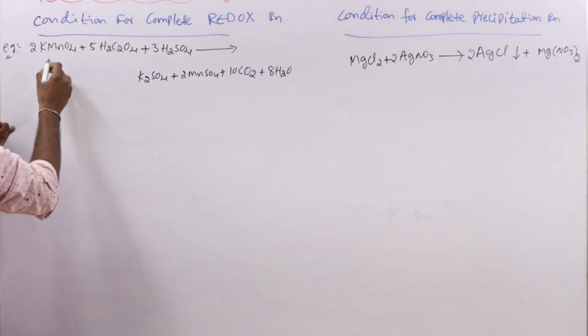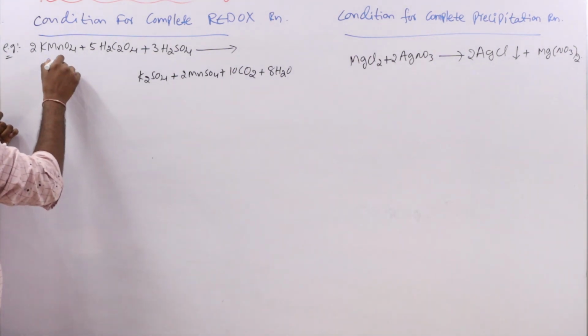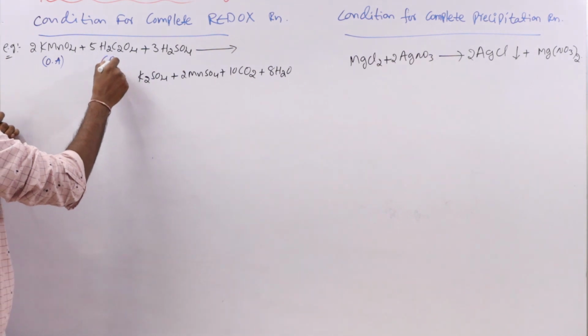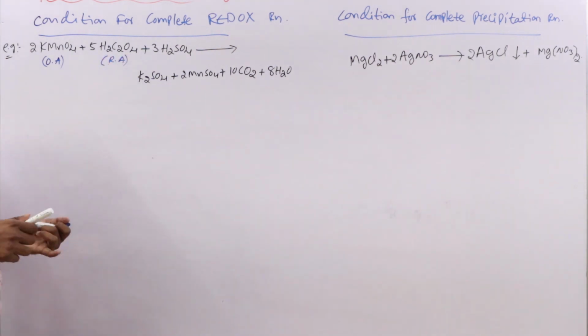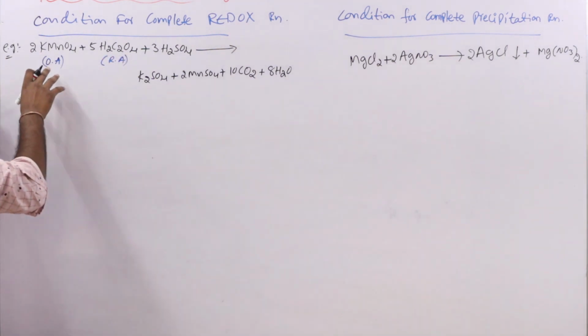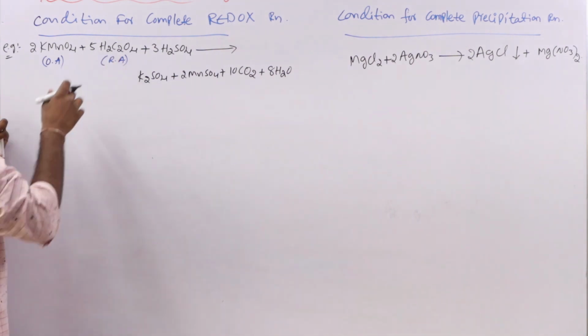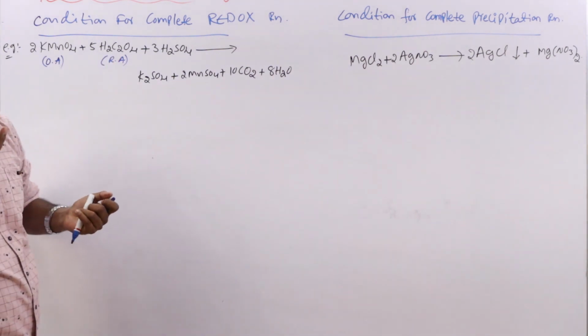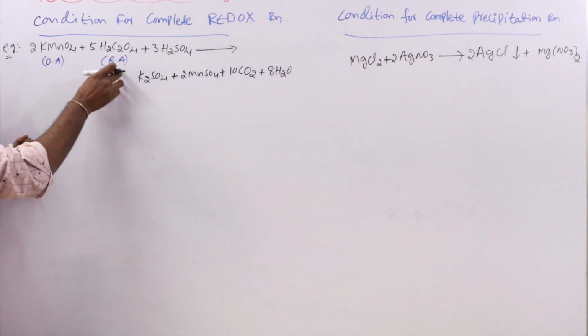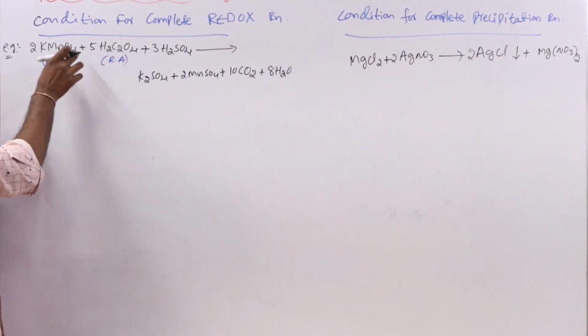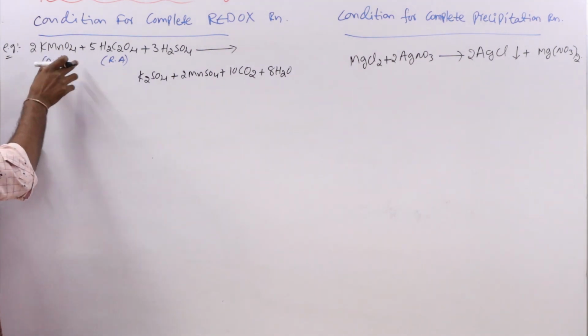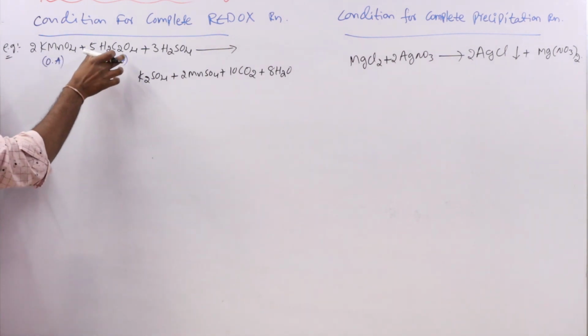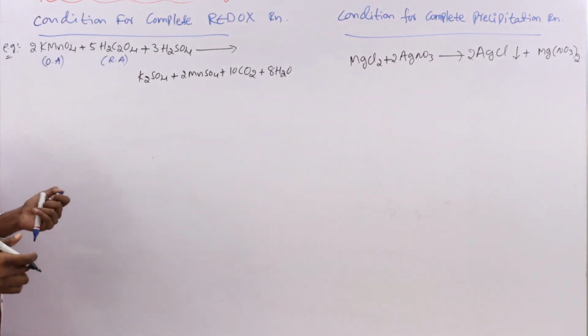Here KMnO4 is an oxidizing agent and this one is a reducing agent. So now here an oxidizing agent is reacting with a reducing agent. Complete redox reaction means the reducing agent is completely reacted with oxidizing agent, or oxidizing agent is completely reacted with the reducing agent.